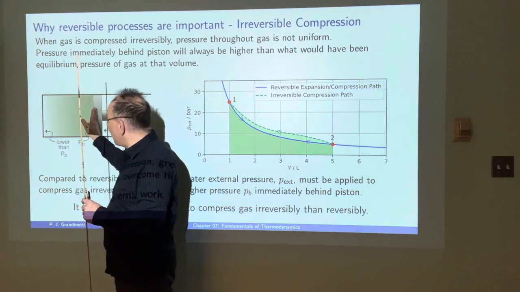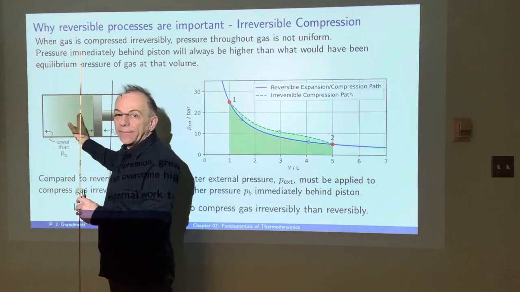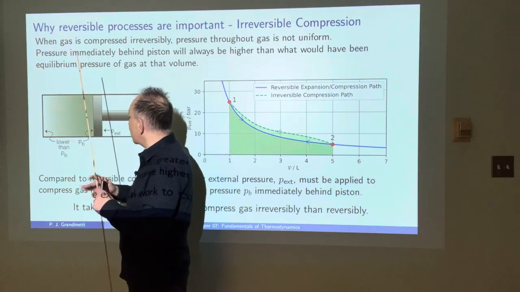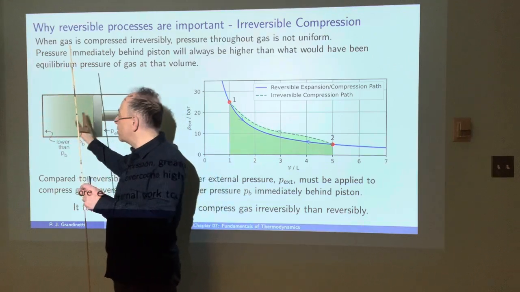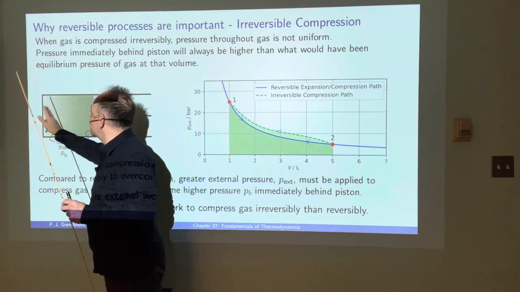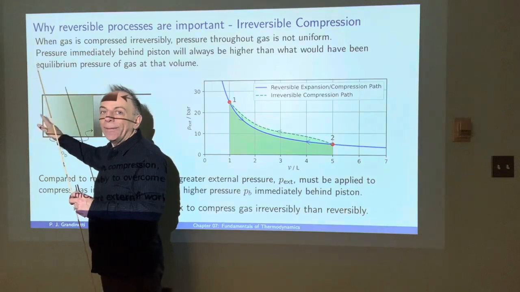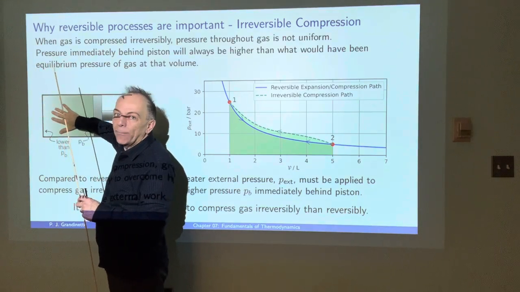So what I end up having is a pressure gradient inside my piston cylinder apparatus. So this is no longer at equilibrium. I'd have to wait a while, and eventually, as I said before, at the speed of sound, this would eventually equilibrate and you would get a uniform pressure inside here.